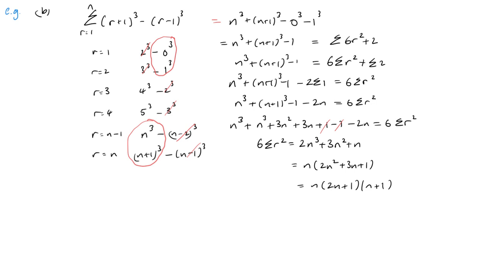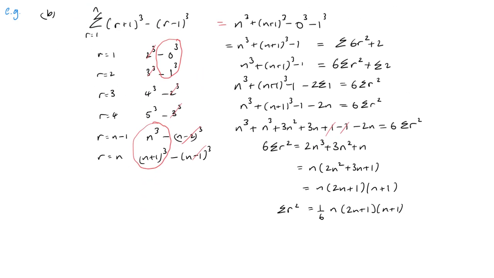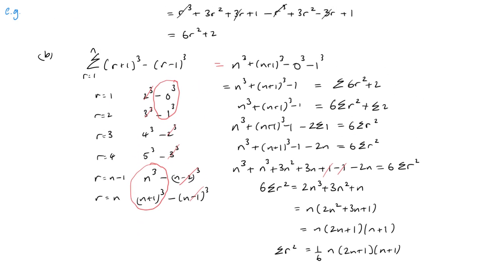Now we're almost there. Divide by 6, and we get 1/6 n, 2n plus 1, n plus 1. And just to show you, here it is: 1/6 n, n plus 1, 2n plus 1. And that is what we've got here.